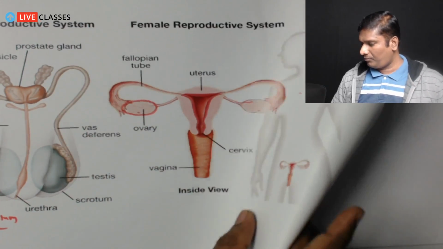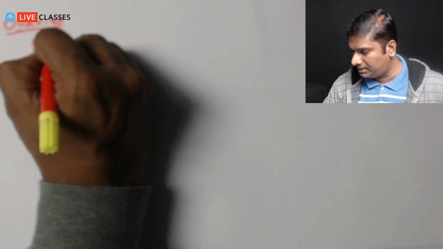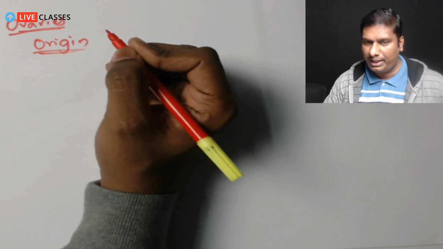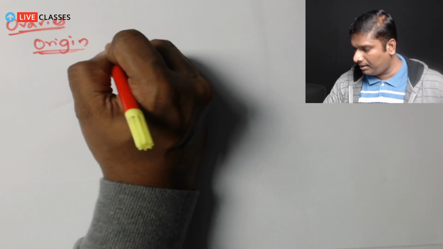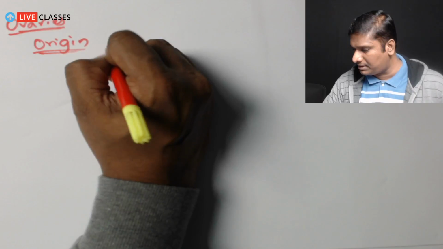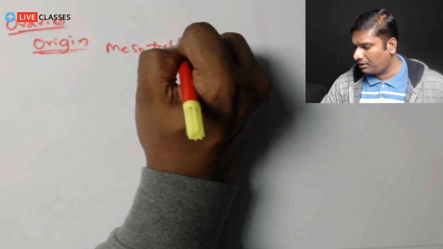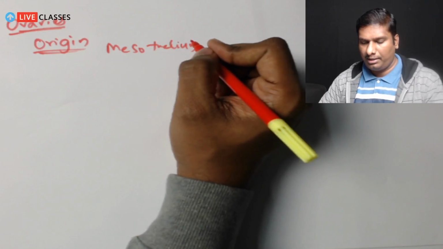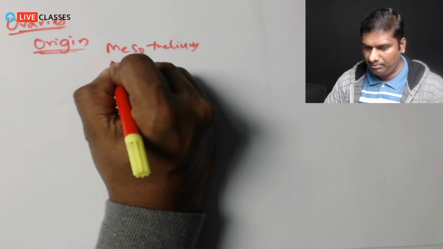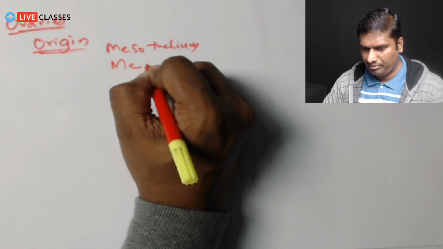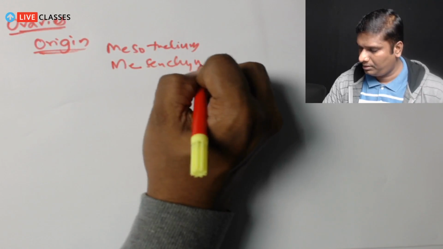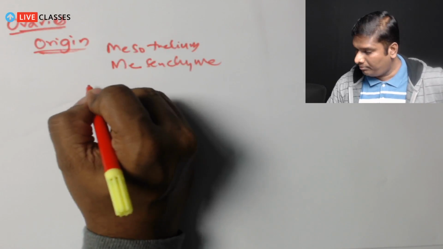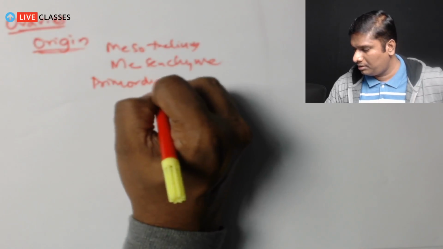Now we'll start with the origin of the ovaries. I already told you the location. If you look at the origin, just like your testis, they are made by three layers: the mesothelium, the mesoderm mesenchyme, and the primordial germ cells.